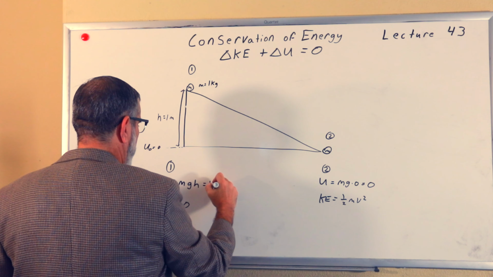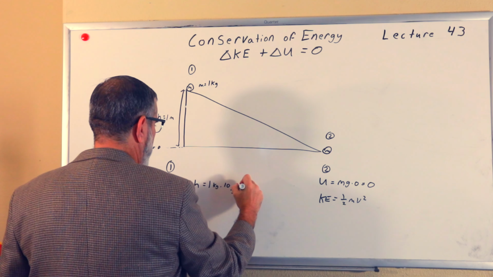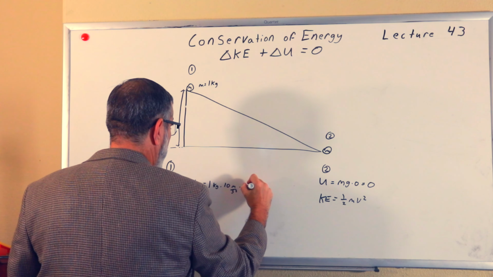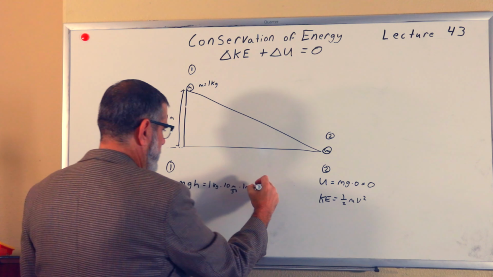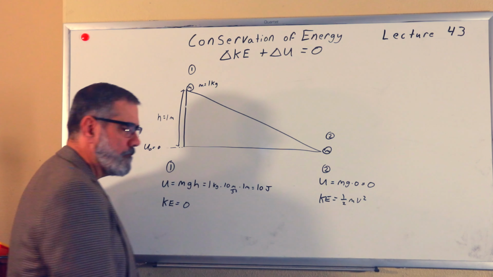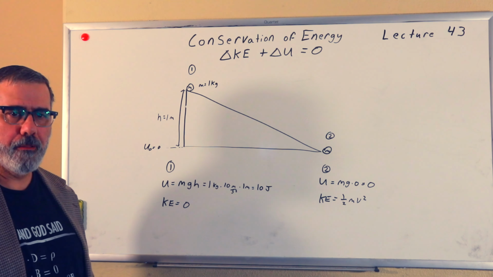So we'll have 1 kilogram times 10 meters per second squared times a height of 1 meter. 1 times 10 times 1 is 10 joules. So that's its potential energy at position 1.